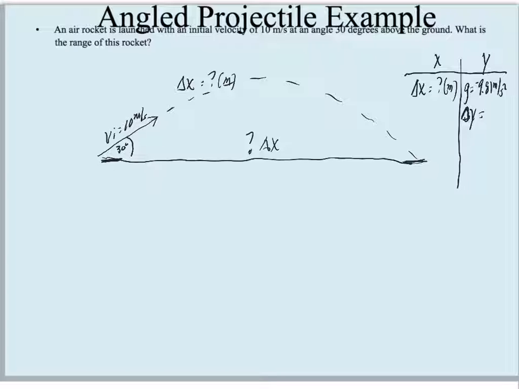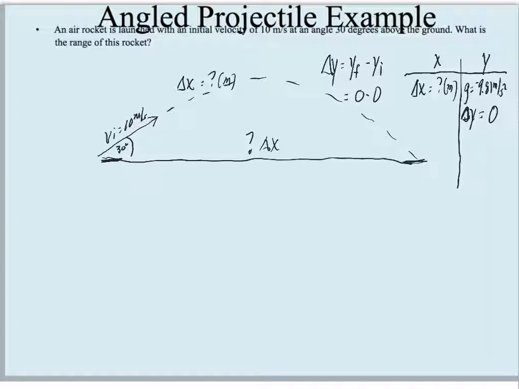So if that's the case, then along the y-axis, the final position and the initial position are equal. So delta y is 0, so we actually do know the displacement along the y-axis.